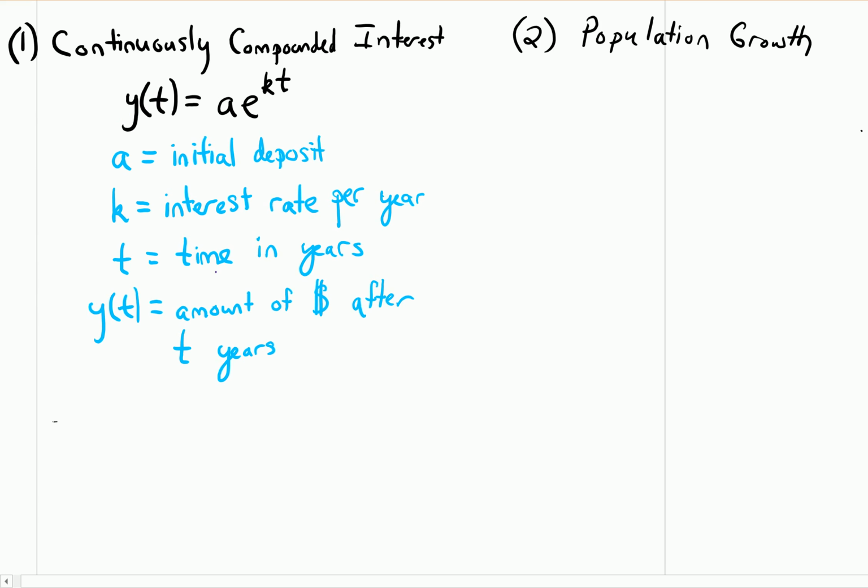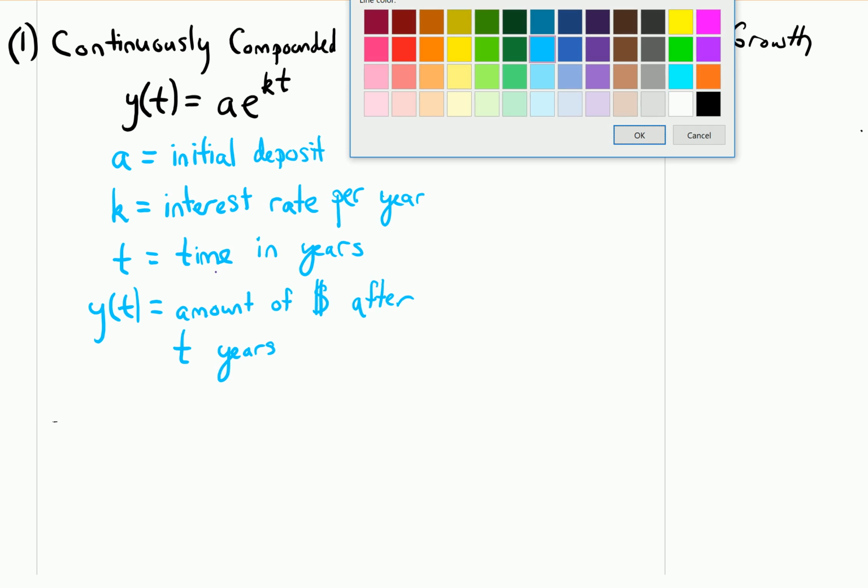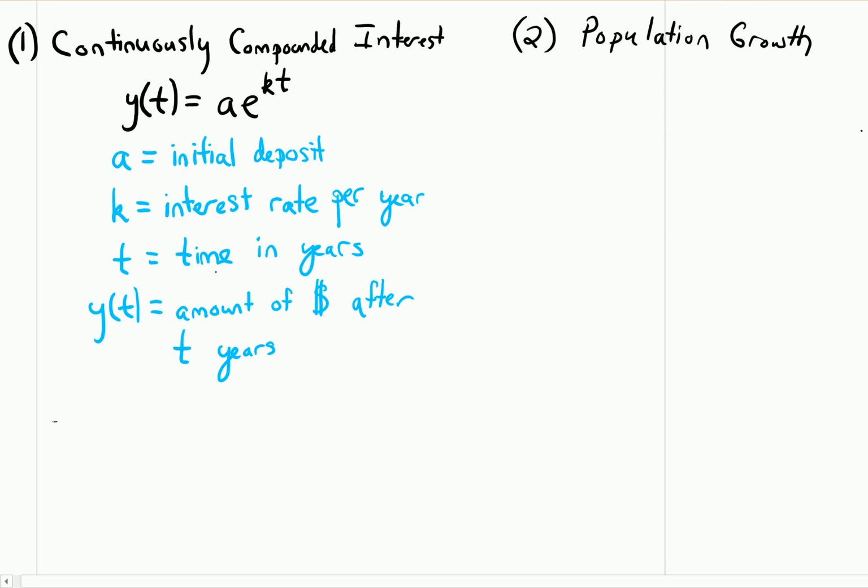Okay, so in the second situation, in population growth, we can write down a similar formula. Actually, the formula that I'm going to write down looks exactly the same. So the formula for an exponential function looks like y of t equals a times e to the kt. It's just that with population growth, some of these constants represent slightly different things.